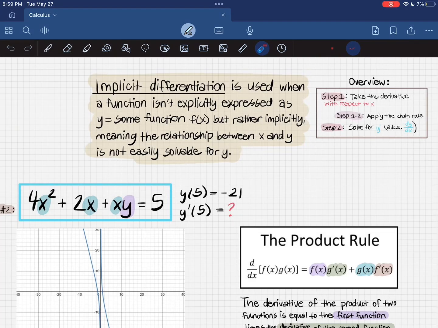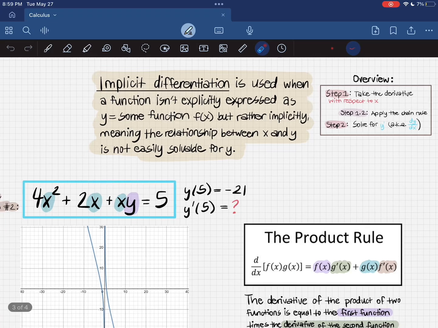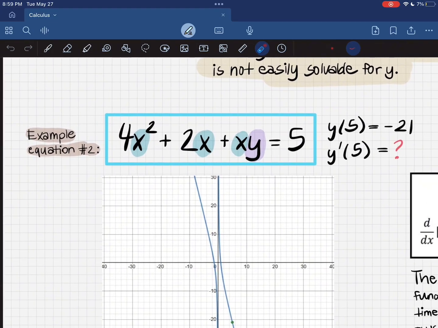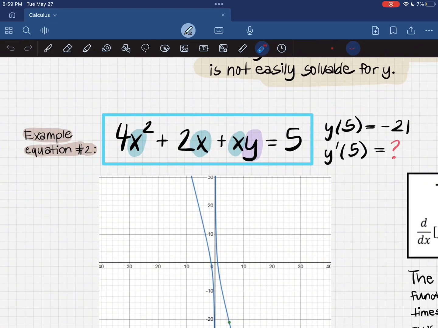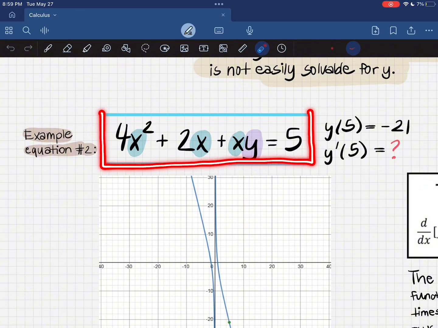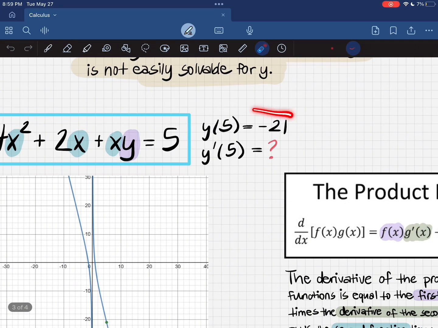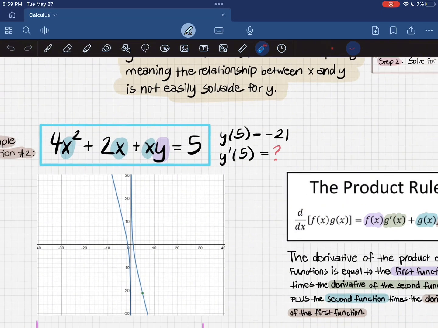Okay, now let's try a more challenging example that involves evaluating the derivative at a specific x value. The problem basically says that if 4 times x squared plus 2 times x plus x times y equals 5, and y of 5 equals negative 21, we must find y prime of 5 using implicit differentiation.